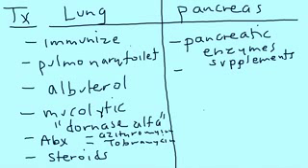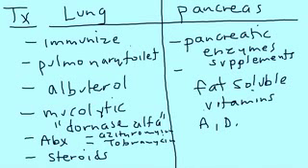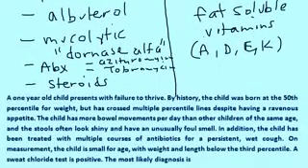Another thing that you give is fat-soluble vitamins, because if you remember, the person with cystic fibrosis is not able to absorb fats, and fat-soluble vitamins are therefore part of the supplementation. And if you remember, they are A, D, E, and K. These are the vitamins.